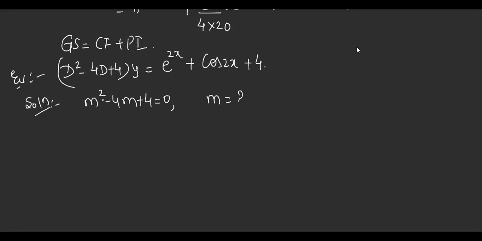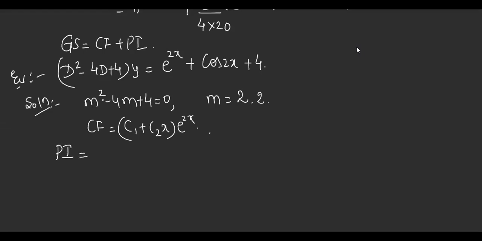What are the roots? Don't take a lot of time. 2 and 2, right? So real and equal, which means C1 plus C2x into e raised to 2x. Okay, 2 marks are there till this step.